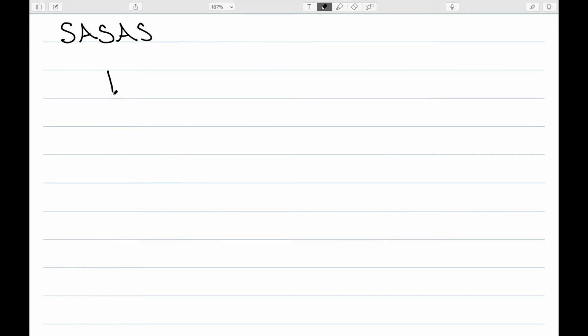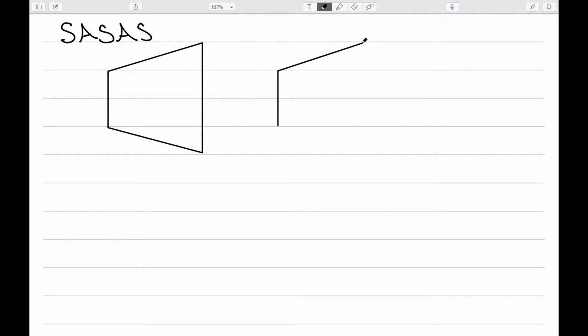Looking at the idea of congruence of quadrilaterals, my first particular property is going to be SASAS. So let me go ahead and draw 2 quadrilaterals. Here's the first, and then my second will be over here. And we'll assume, although I did not draw them perfect, that these are approximately congruent.